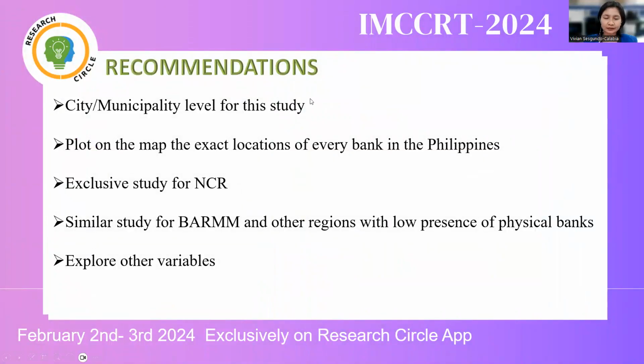So we recommend that future researchers consider running this study at the city or municipality level, or plot on the map the exact locations of every bank in the Philippines to see the exact location for the future establishment of new branches or offices. Then an exclusive study for NCR, a similar study for BARMM and other regions with low presence of physical banks, and explore other variables.